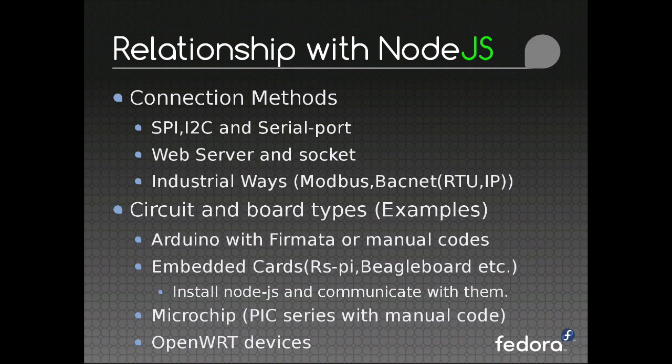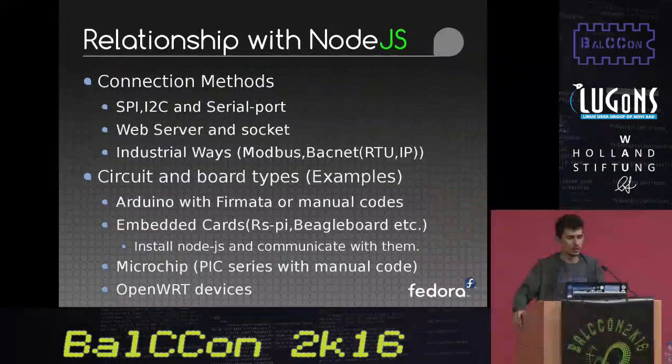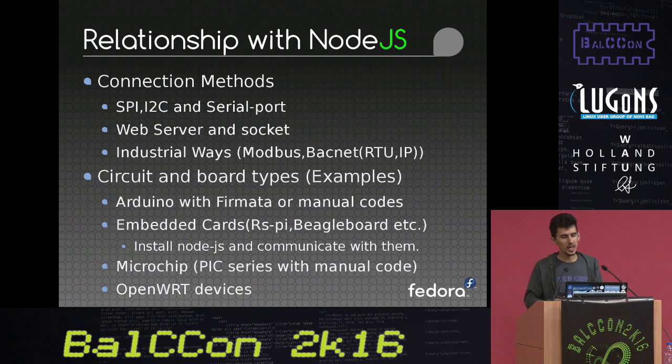If you want to connect basic hardware like Arduino, Raspberry Pi, Beagleboard, or your quadrocopter, or something unique you made, these are general ways to control it. We have SPI, I2C, and serial port.